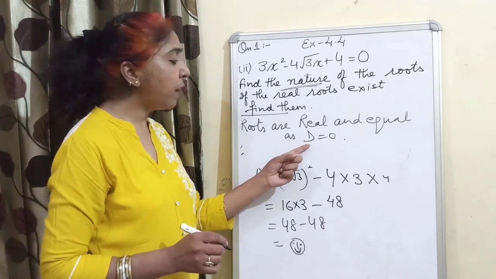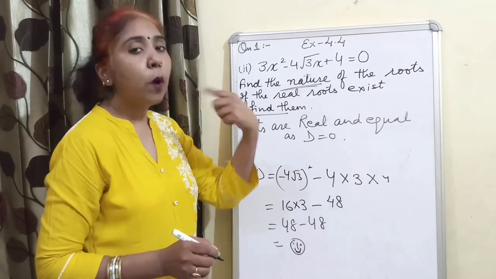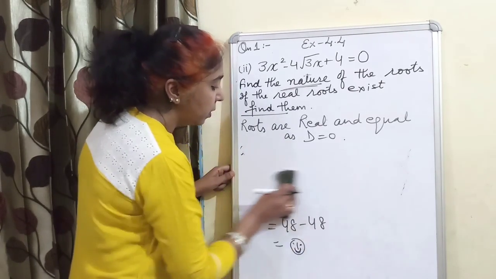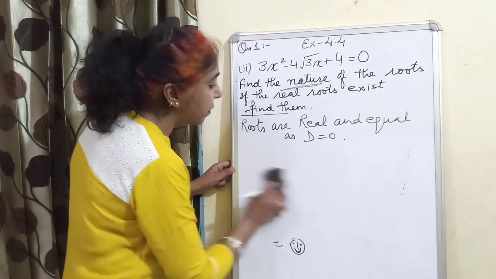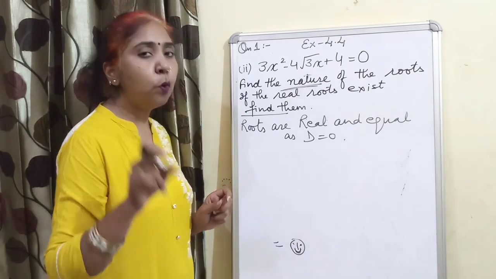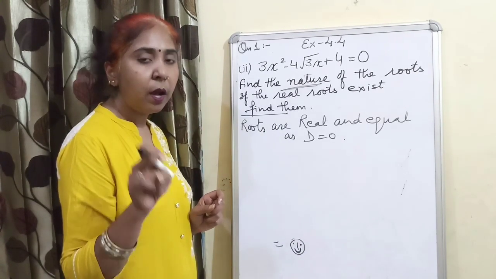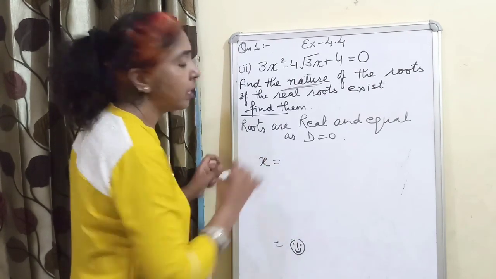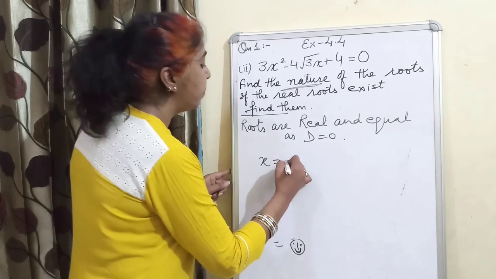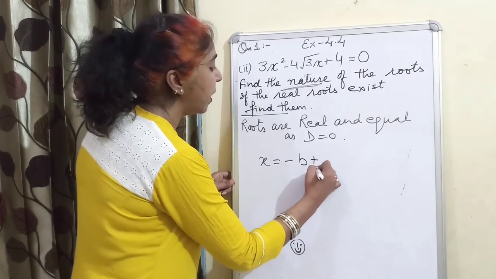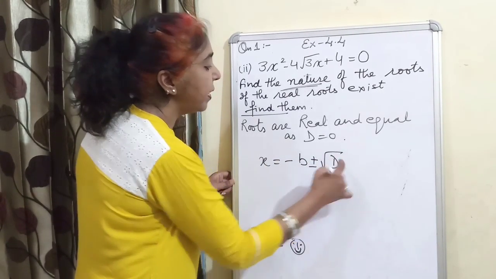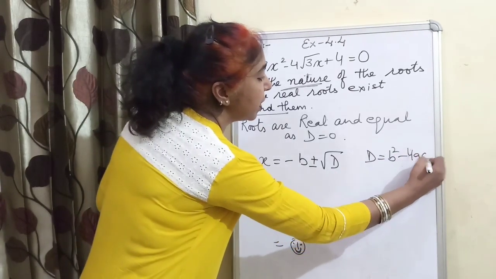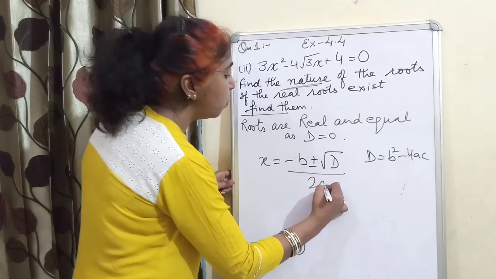Now we have to find the roots also. For getting the roots we have to put the values in the quadratic formula, and you all know what the quadratic formula is. Tell me the formula for x. The quadratic formula is minus b plus minus under root d, where d is what we just sorted out, b square minus 4ac, upon 2a.